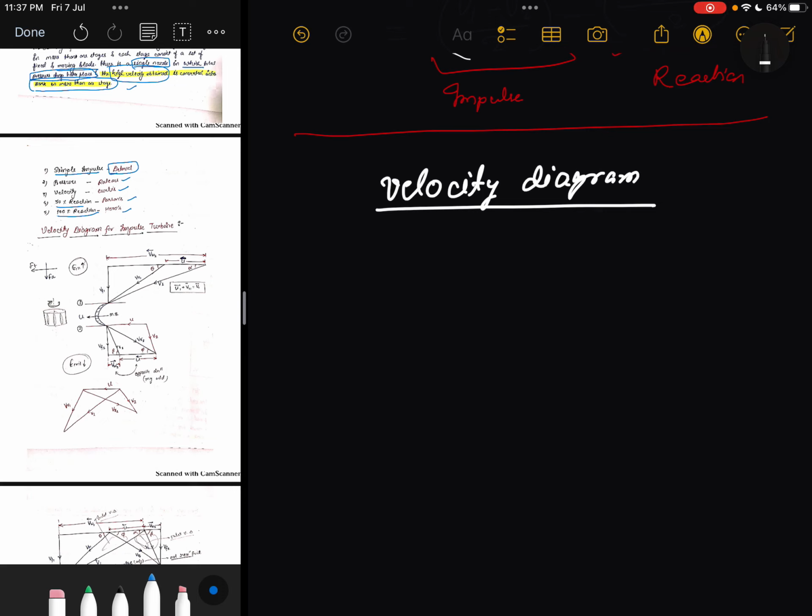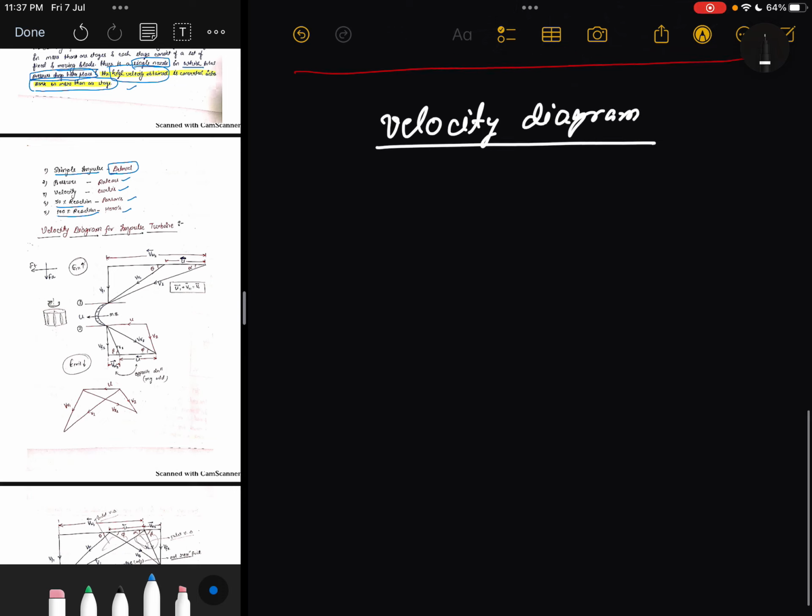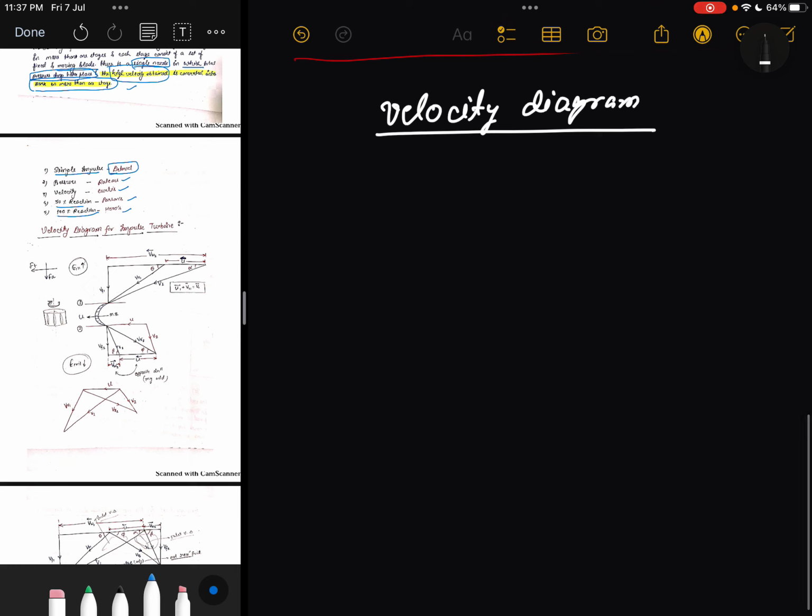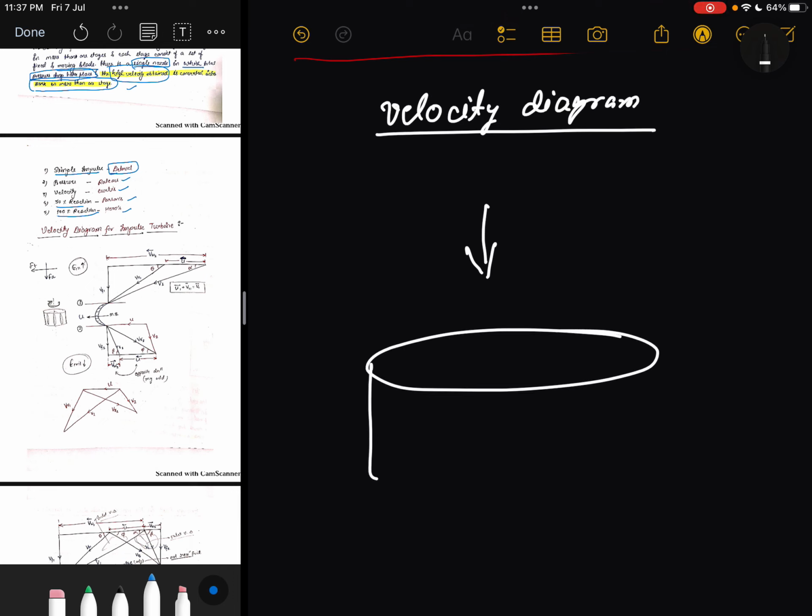For that, first of all I will draw the 3D diagram. Let us say that our steam is flowing from this direction, and our turbine is oriented like this. So the blades will be arranged somewhat like this in this direction. Okay, so the blade will be like this.